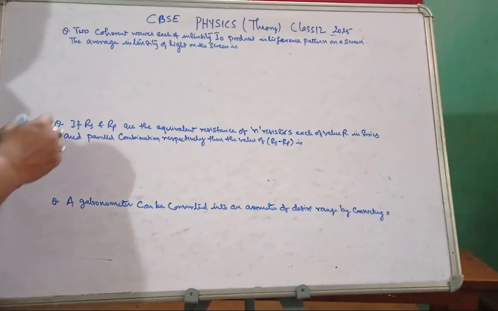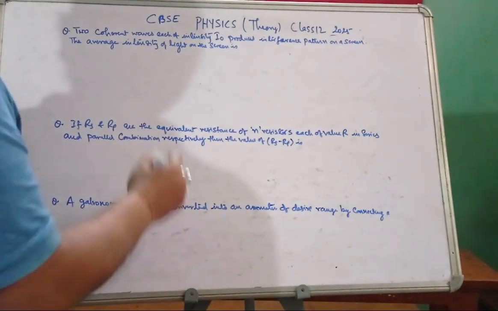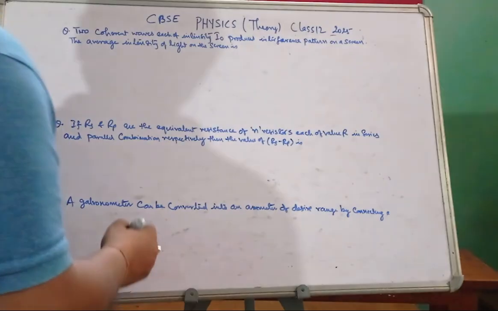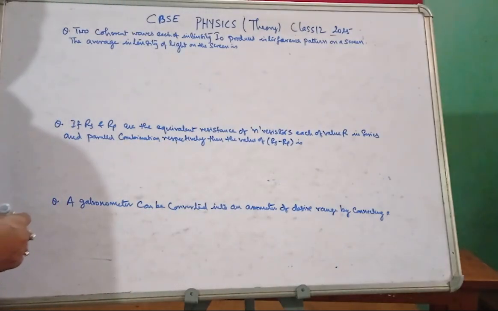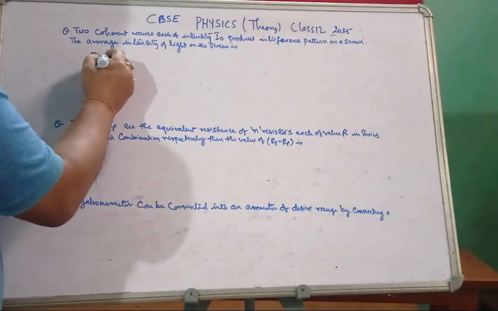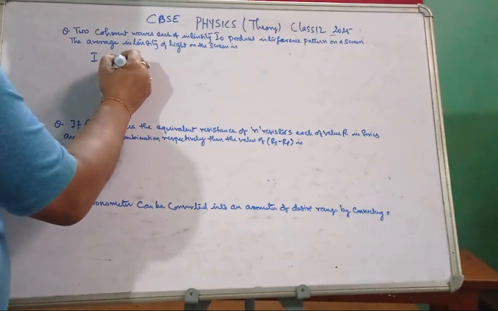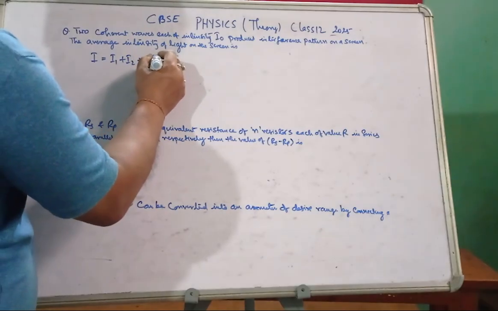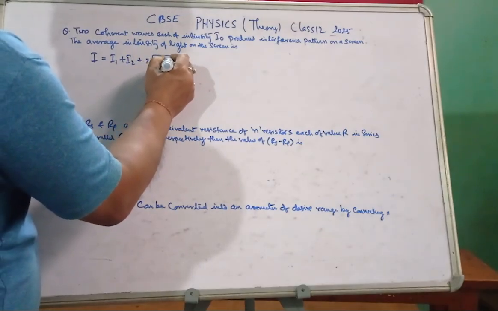Now my next question is, two coherent waves each of intensity I0 produce an interference pattern on a screen. Find the average intensity of light on the screen. You know that the intensity at a point is I1 plus I2 plus 2 root I1 I2 cos phi.